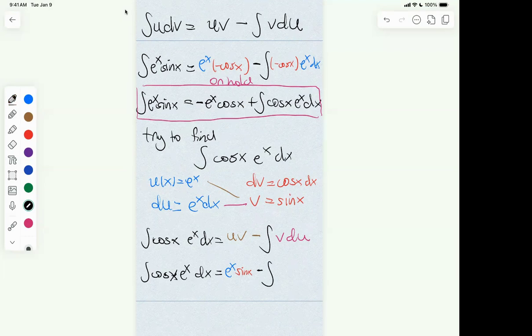What is v? Sine of x. And du is e to the x dx. Is that okay? Is that making sense?